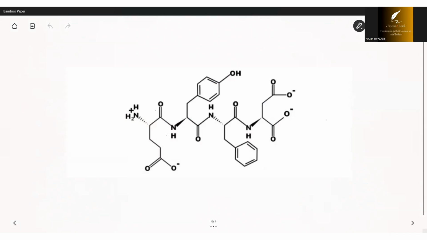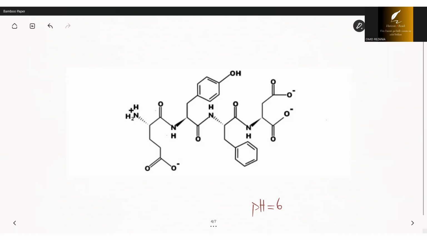The thing I want to see is what is the overall electric charge on this short peptide inside the solution, which has a pH of what? 6. That's what we are going to do.